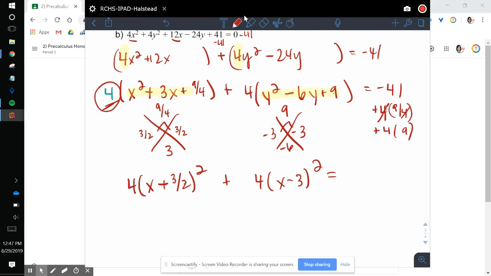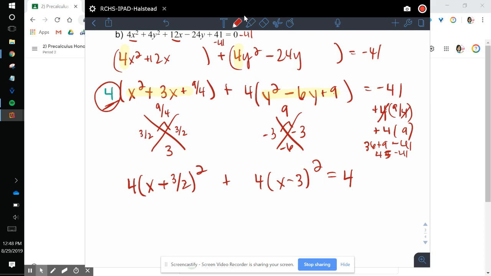So I'm adding 9, and then I'm adding 36. So 36 plus 9 minus 41. That would be 47, so this is 6. 47 minus 41 is 6. Sorry, that's 45 minus 41, which is 4. I knew something looked funny there.